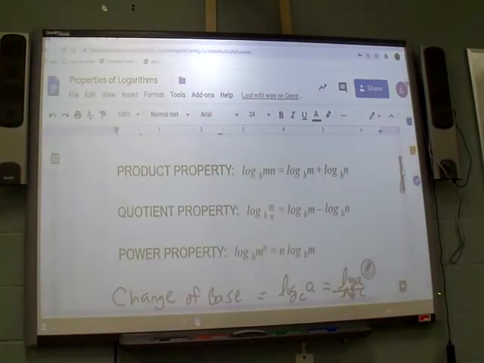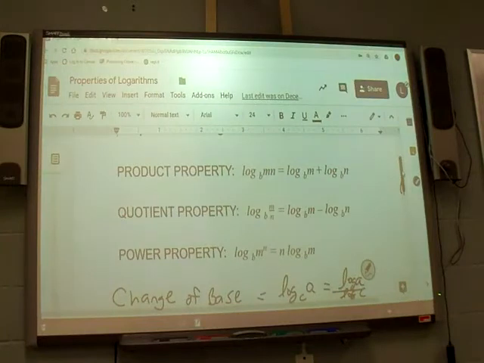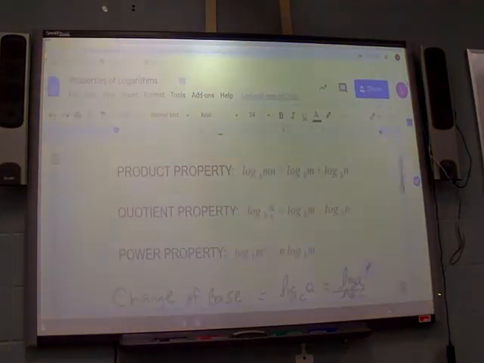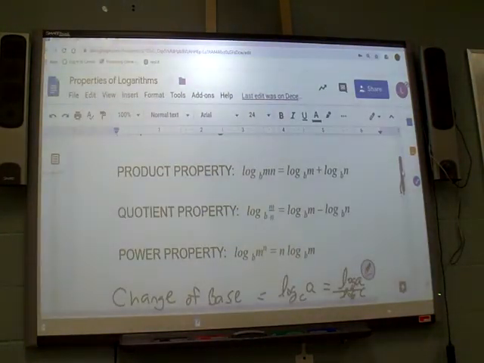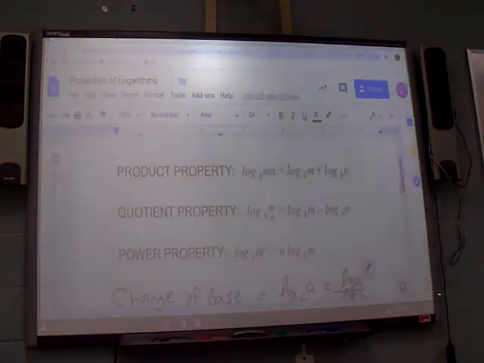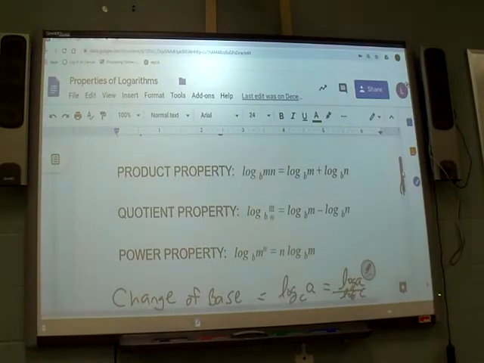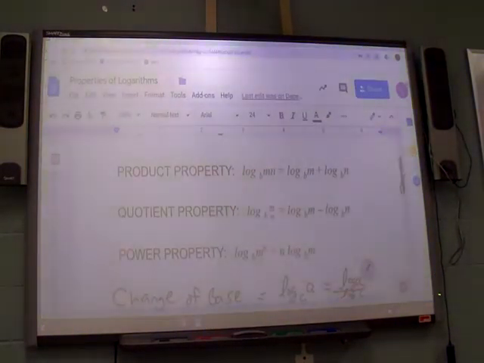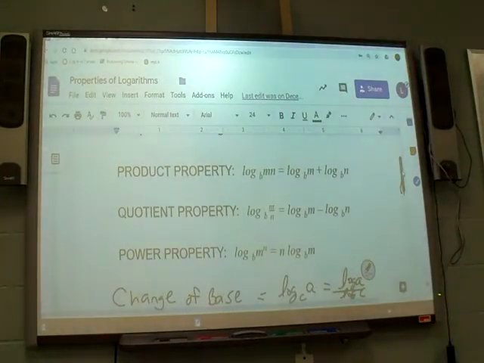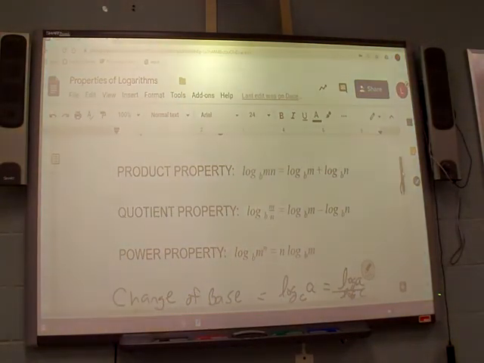Now, I told y'all this the day we learned where the log base button was on your calculator. This was around before calculators could change the base. So anytime you had a base other than 10, you could rewrite it in base 10 by doing the common log of the big one divided by the common log of the base.